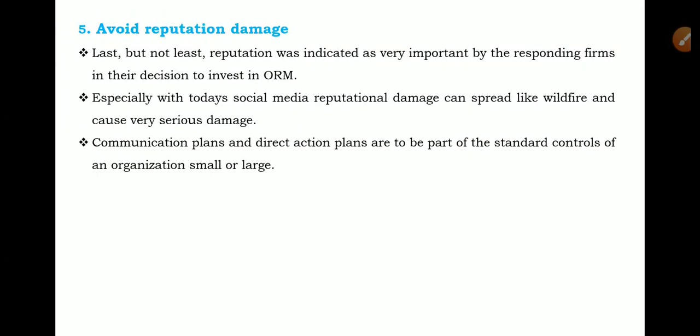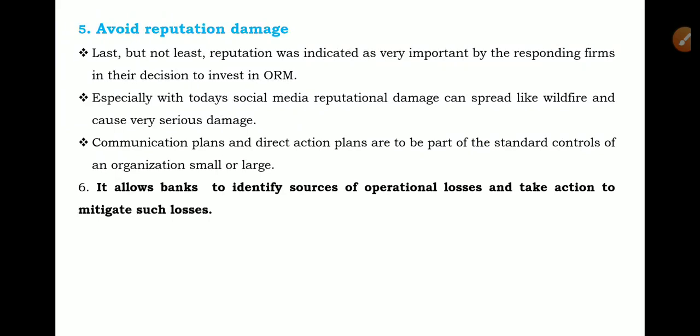In order to control the standards of the organization, there should be communication plans. This helps to maintain a reputation and won't let the damage grow, so they won't damage the reputation of the company. Definitely that will maintain the reputation in a good way and good manner. So that is also one important aspect.